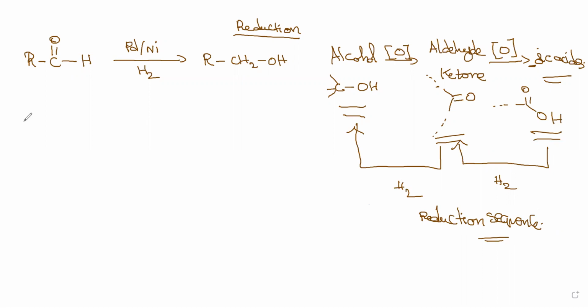Now, for example, you can take CH3, C double bond O, H, that is CH3CHO, and then you treat this with LiAlH4, lithium aluminum hydride. So what you get is CH3CH2OH.